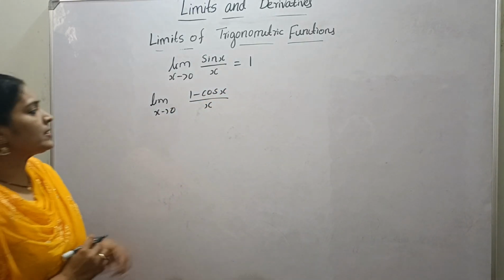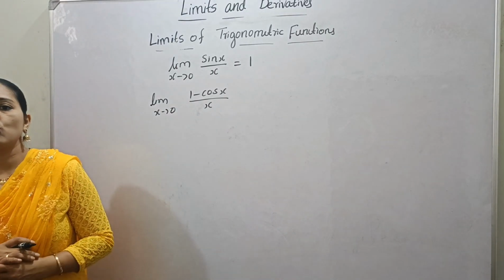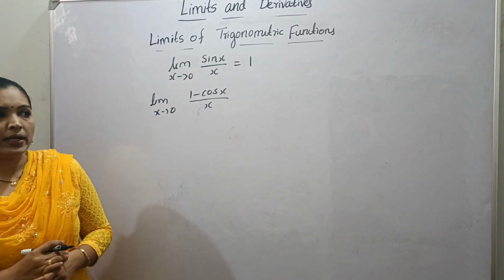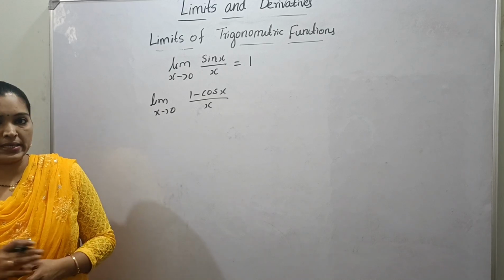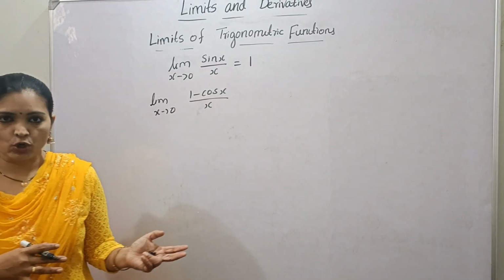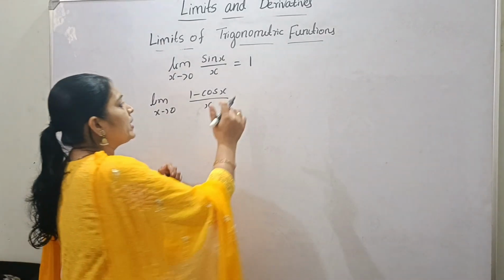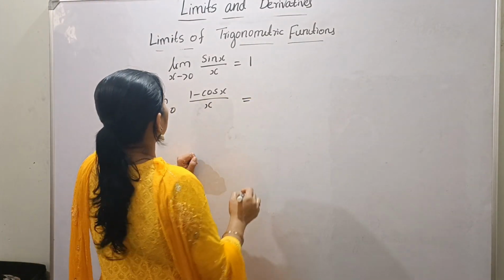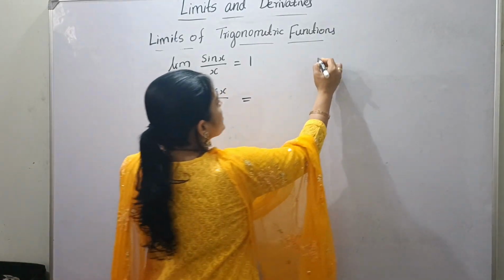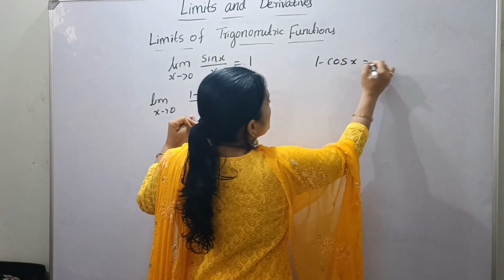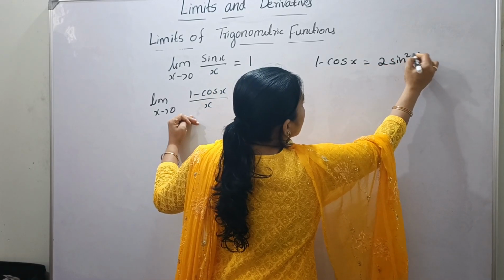Here we can write 1 minus cos x as 2 sin square x by 2. We know that 1 minus cos 2x is 2 sin square x, from the trigonometric identities we have already learnt.